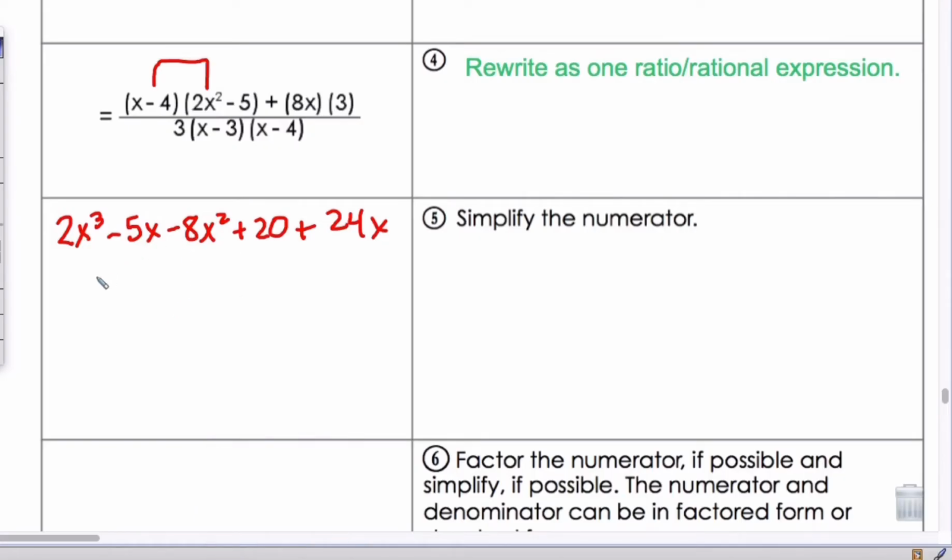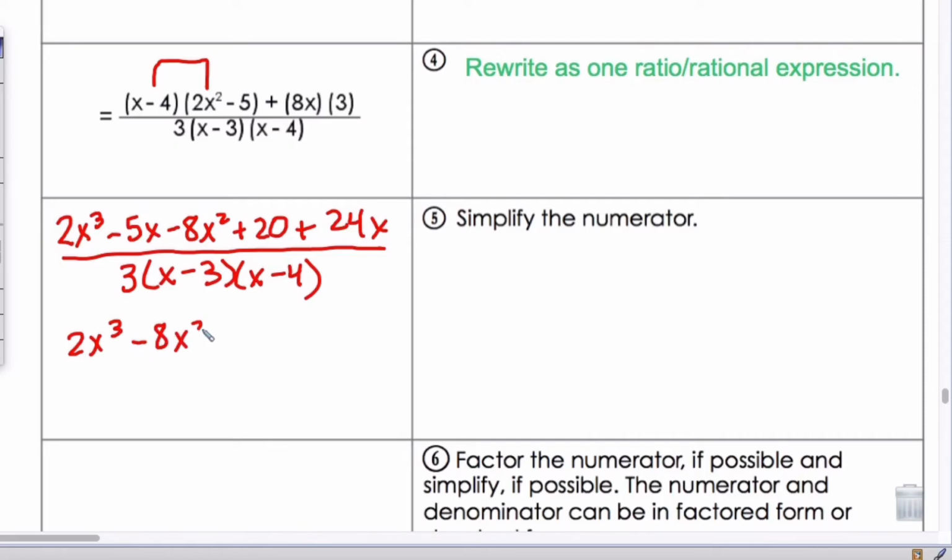And I have my LCD in the denominator, which is 3, parentheses x minus 3, parentheses x minus 4. I still need to simplify the numerator further because it is in several terms and there are like terms. So I'll rewrite it as 2x cubed minus 8x squared plus 19x plus 20 divided by my LCD again.